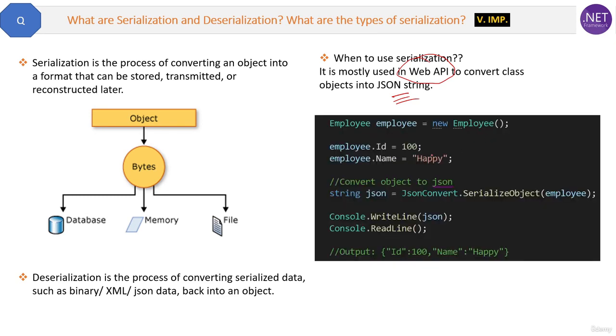Like this, you can see we are creating one object of the Employee class, setting the properties, and then with the help of the JSON convert class and its serialize object method, we are converting the object to JSON format, which we then printed, and we are getting this as the output. Now sending the object over a network is difficult, but this JSON string can easily be transferred over any network, okay? So this is the whole idea about serialization.